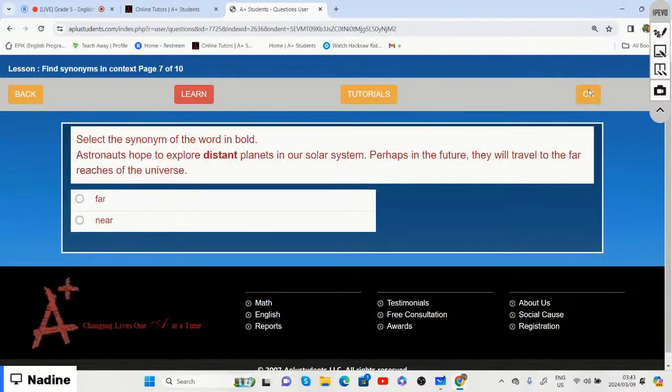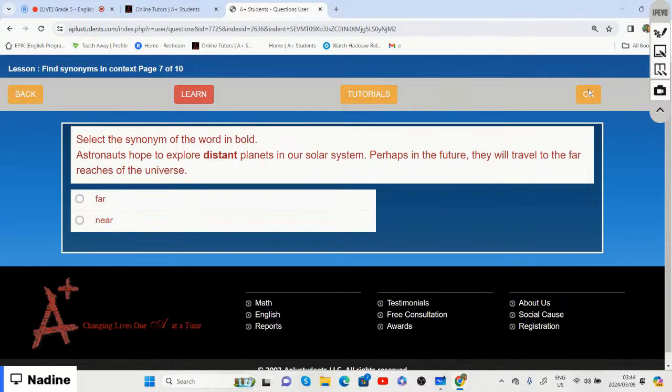Perhaps in the future, they will travel to the far reaches of the universe. All right, so we see distant.